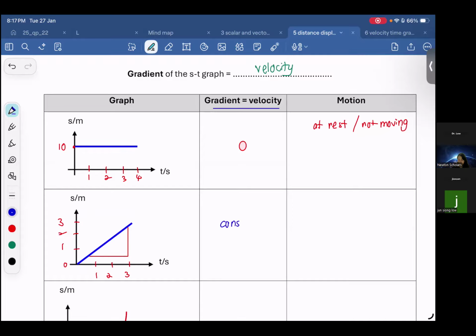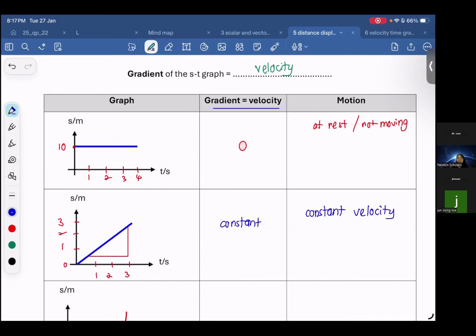Am I right? The gradient is constant. So that means your velocity is constant. So for this, how do they move? Constant velocity. Okay, constant velocity. Is that clear? Okay, Junxiong, okay, Jiaxuan, okay, yes, dear.